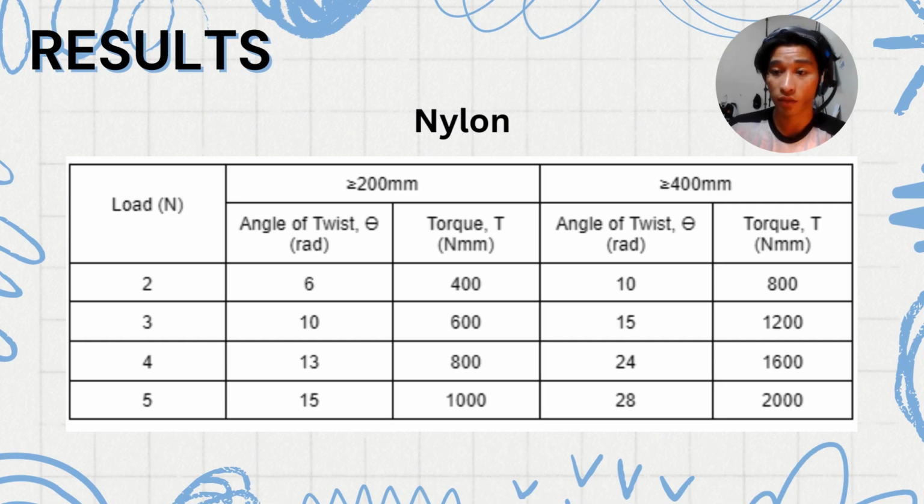And at 400 millimeter, the angle of twist is 10, 15, 24, and 28, and for the torque, 800, 1200, 1600, and 2000.